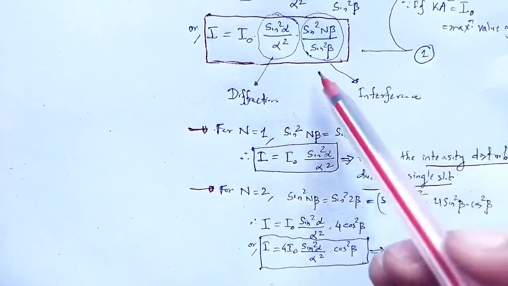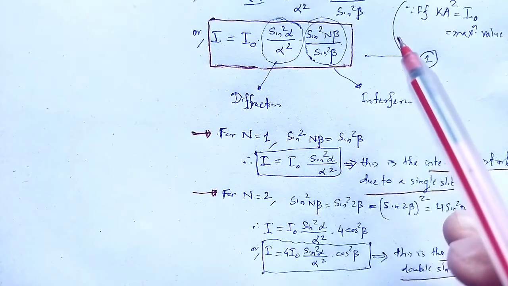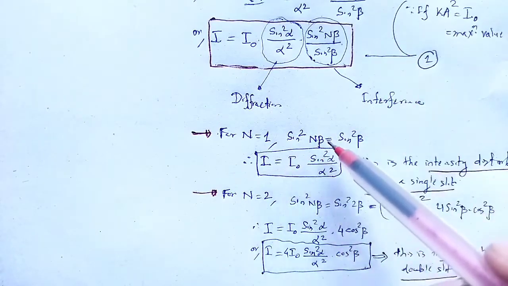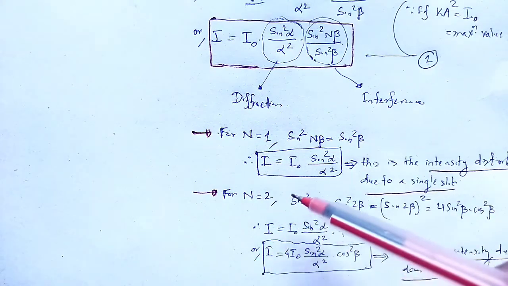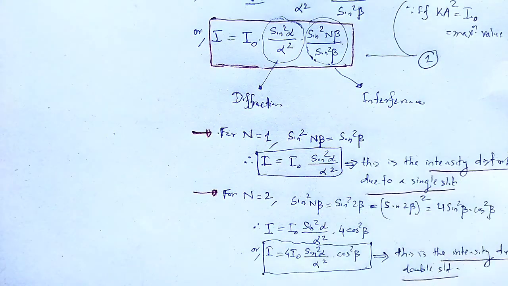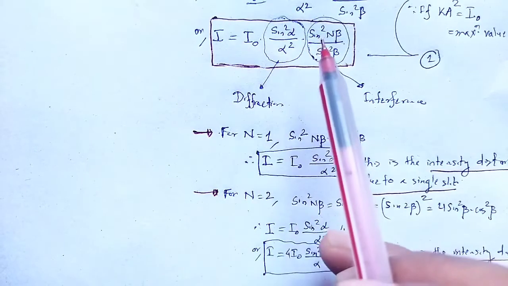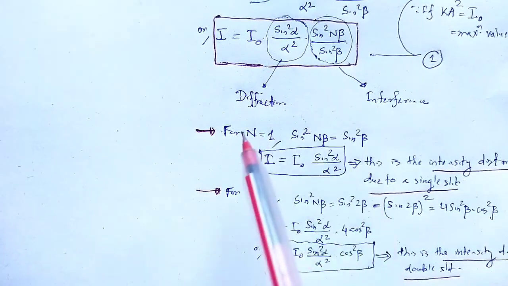In this way, that master intensity equation we can easily get by putting the value of n is equal to 1 or n is equal to 2 and so on. The intensity is calculated due to that particular expression, the diffraction and interference.